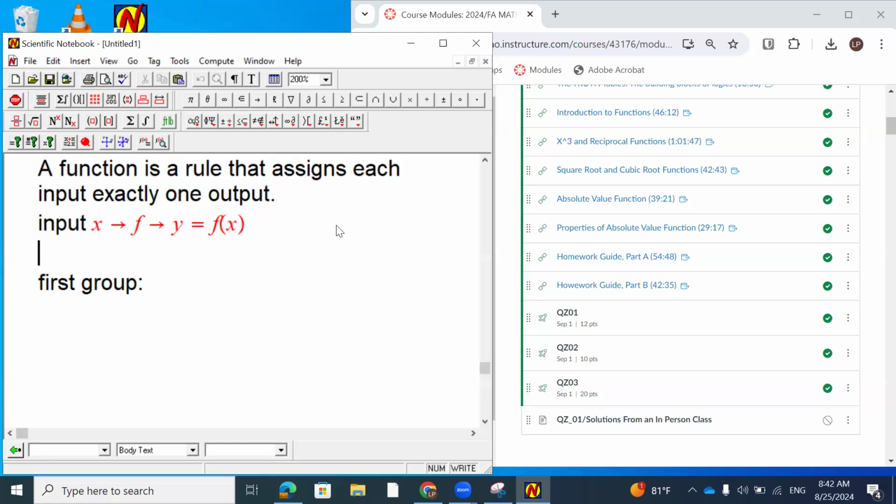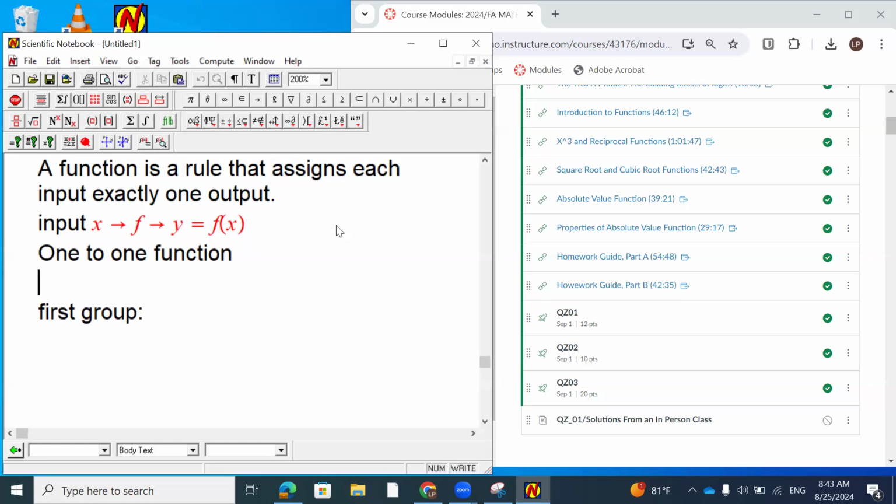Then we're going to talk about what a one-to-one function is, and what the opposite of a one-to-one function is. You're going to see that covered in that recording.